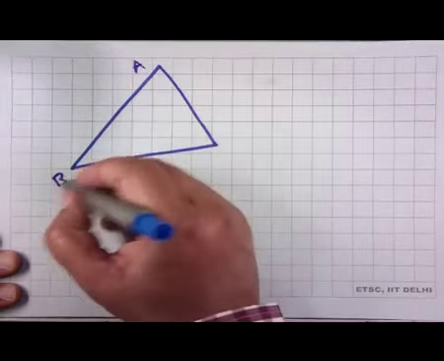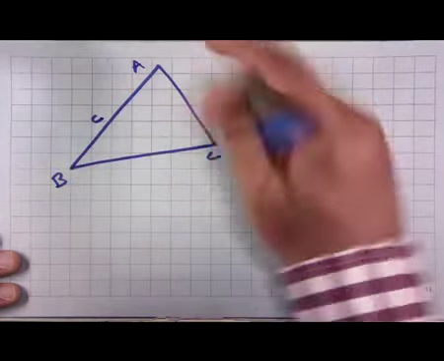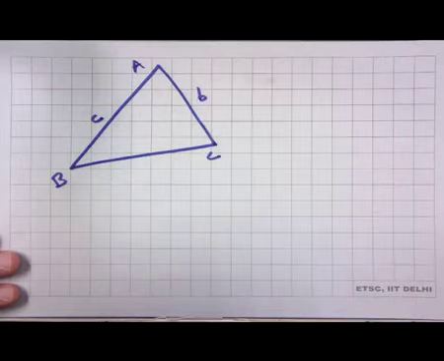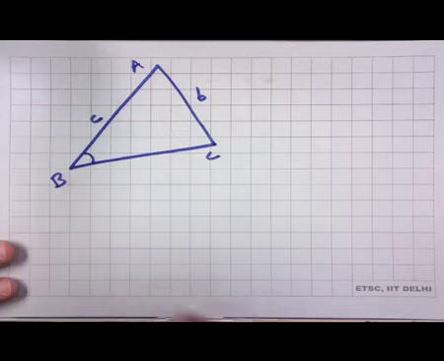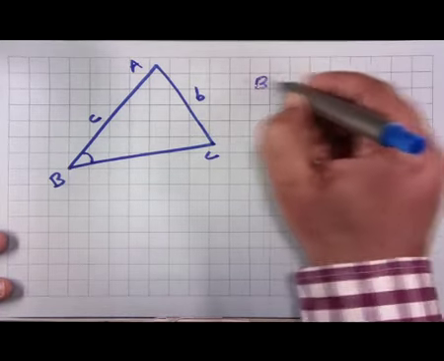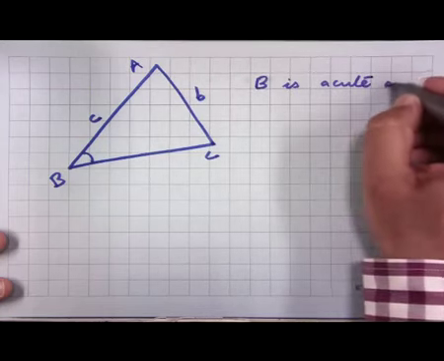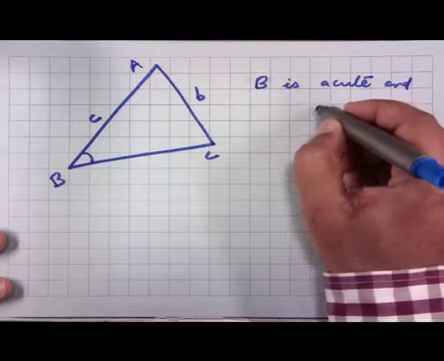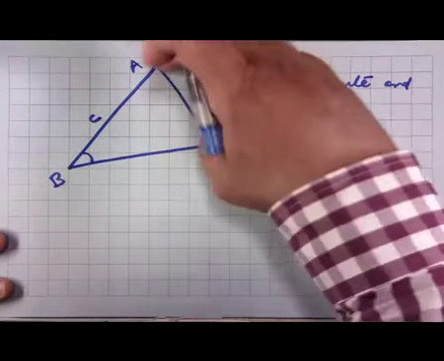We have a triangle ABC where the lengths of these two sides are known and this angle is also known, and it is further given that B is acute and this length C is strictly greater than this length B.